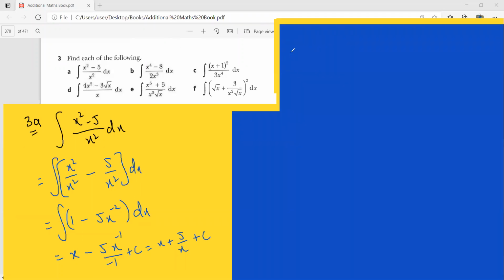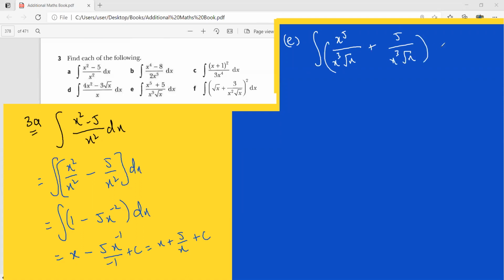Quickly, maybe before F, I should do the E part, okay? I'm going to do the first step here. This is x raised to power 5 over x cubed root x, plus 5 over x cubed root x.